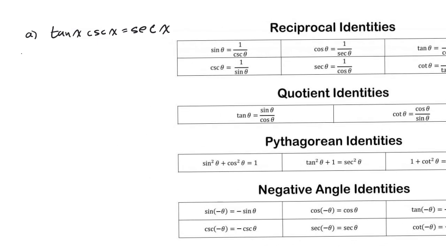For the left side of the equation, we have tan x cosecant x. So let's just write that out. Based on what we know, tan is the same as sine over cos, and cosecant is just 1 over sine. So let's write that out right now.